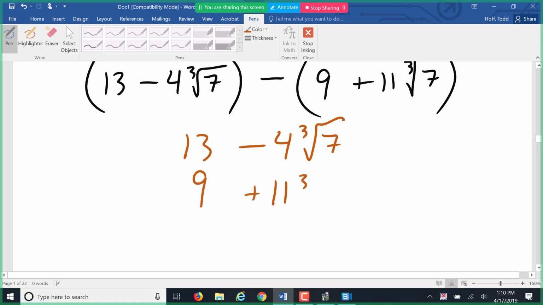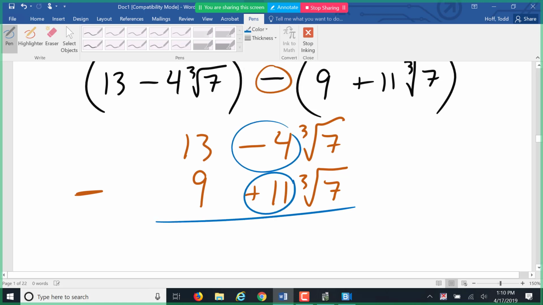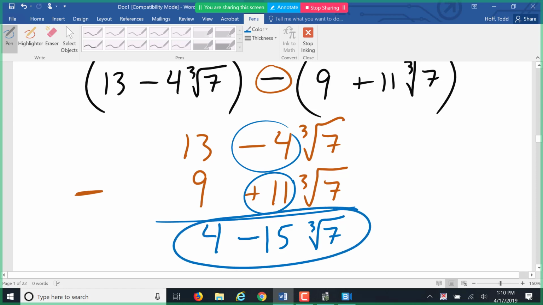The positive 11 third roots of 7 goes under the other cubed roots of 7. And we remember we're subtracting now. Negative 4 minus 11 is negative 15 third roots of 7. 13 minus 9 is 4. That is 4 minus 15 times the cubed root of 7, or the third root of 7.